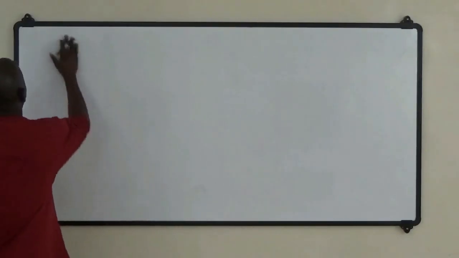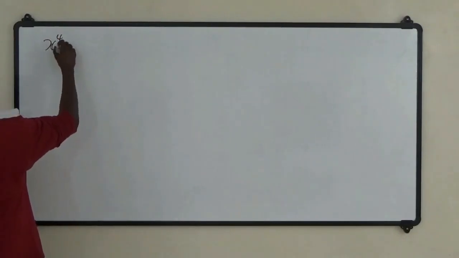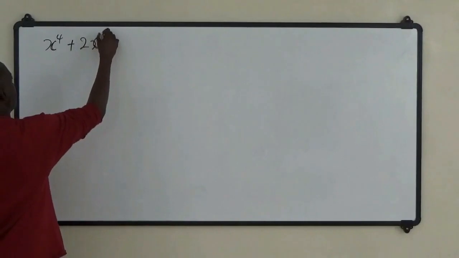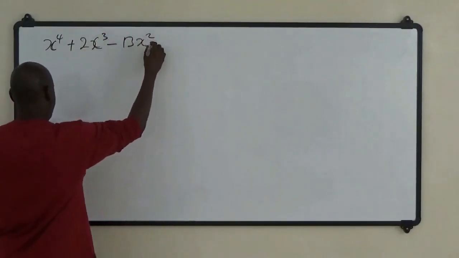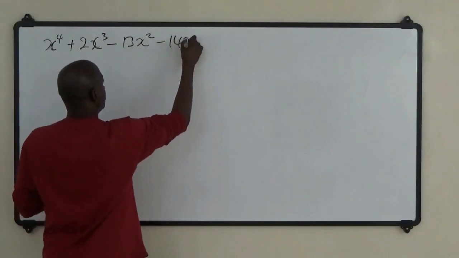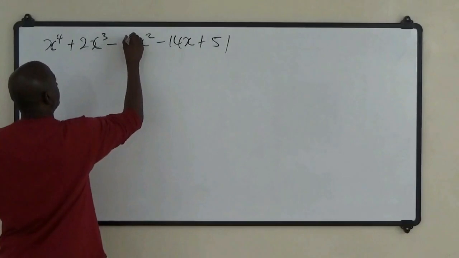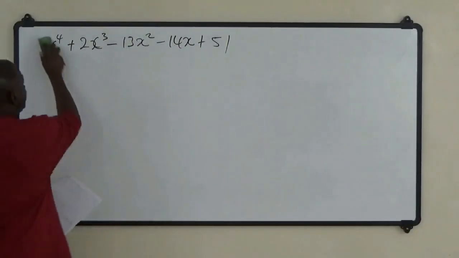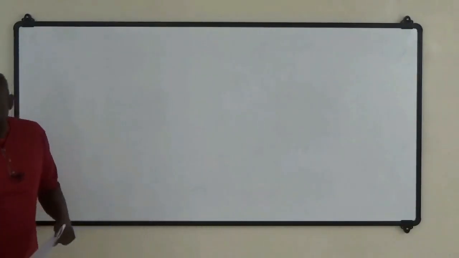We had x to the power of 4 plus 2x cubed minus 13x squared minus 14x plus 51. Let me write it how we would normally get it in a question.